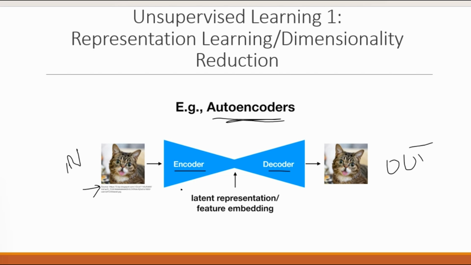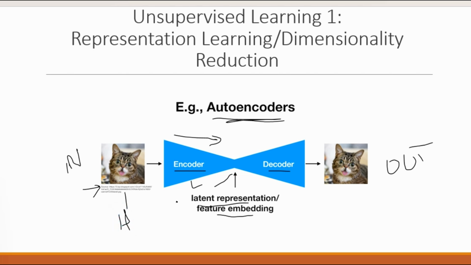First, the dimensionality of the input is very large, and then through hidden layers there's a learned representation that is in a smaller dimension. So we also call that the latent representation, or feature embedding, you can say. This is, let's say, low dimensional, and this is high dimensional, which is at the input side.